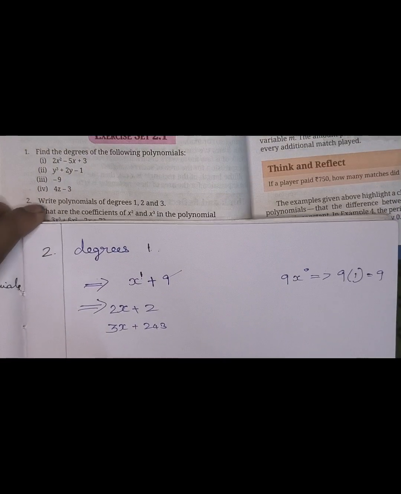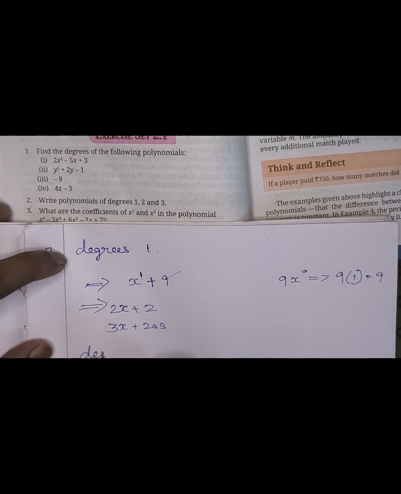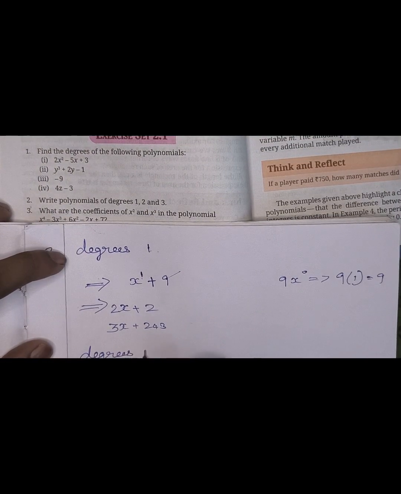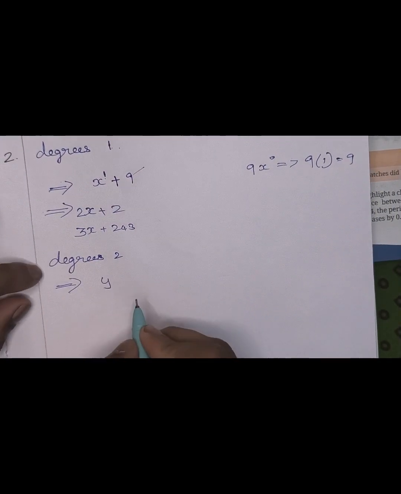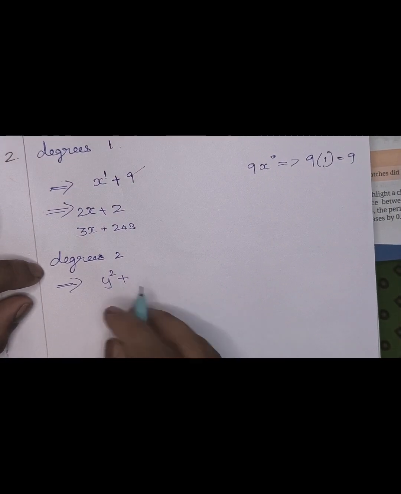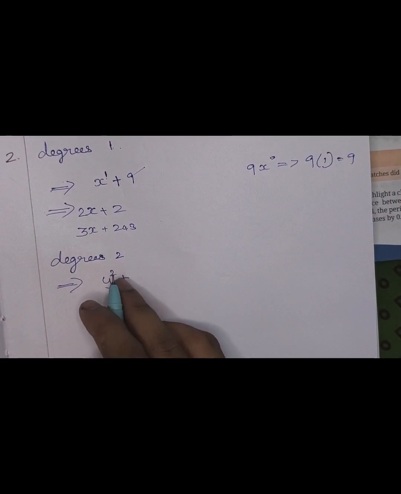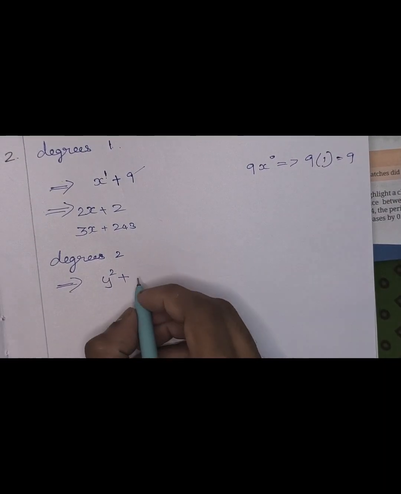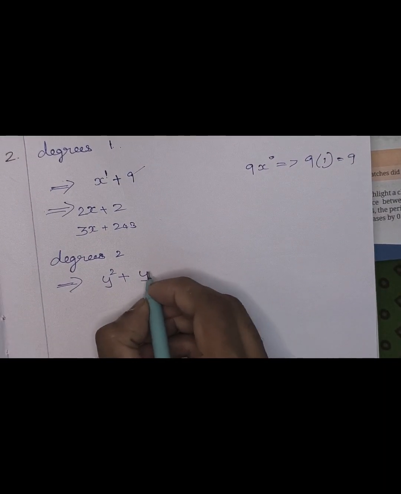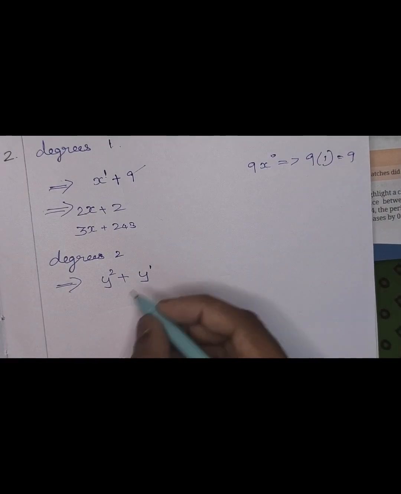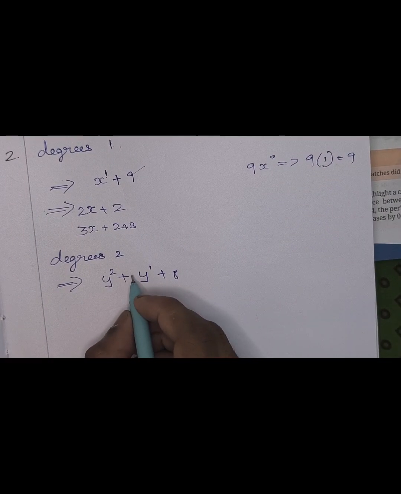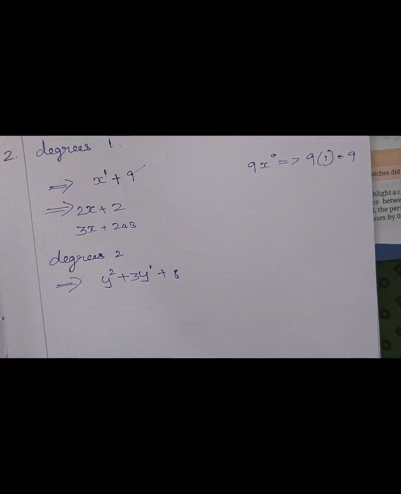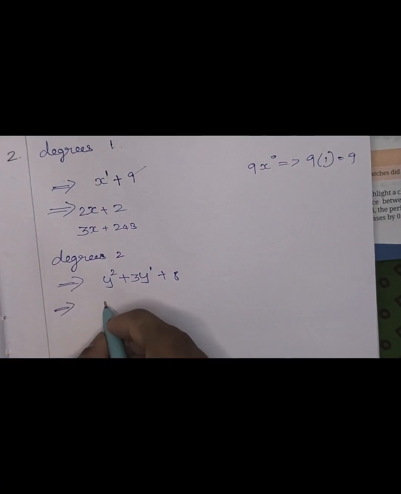Okay friends, see the second sum. Degree 2. See what you want to do. I shall take y square plus, if there is a power value 2, you can write another one, y as power 1, plus 8. You can put any number here, 3, likewise. Okay friends, I shall write another example.